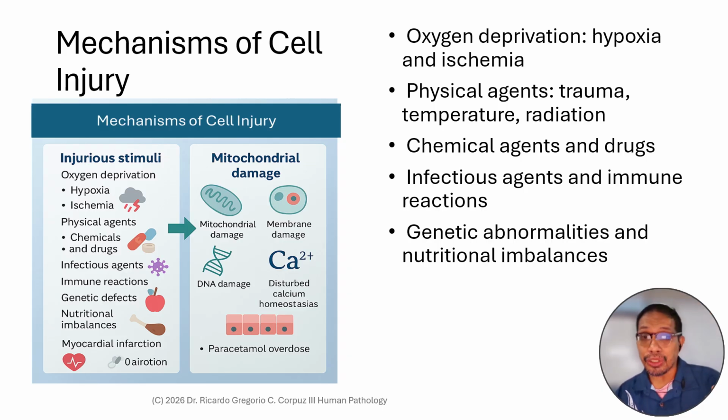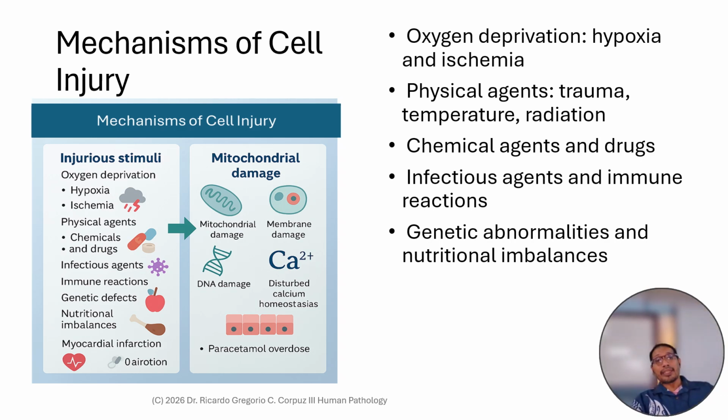A key distinction to clarify early is the difference between hypoxia and ischemia, because these terms are often used interchangeably but represent different biological problems. Hypoxia refers to a reduction of oxygen availability. The blood flow may still be intact, but the oxygen content is insufficient, for example in severe anemia or carbon monoxide poisoning.